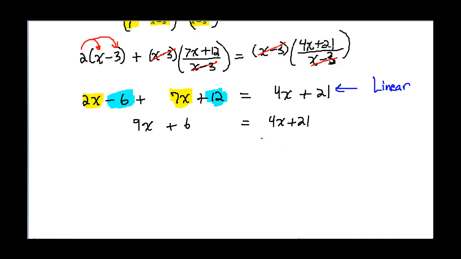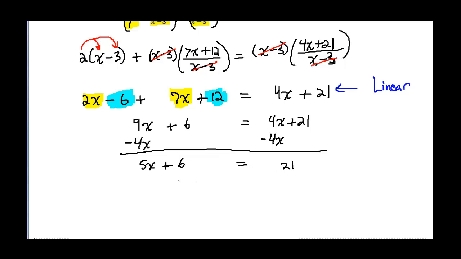I'm going to pick my left-hand side, so I'll subtract 4x from both sides. I get 5x plus 6 equals 21. I'll subtract 6 from both sides, so I have 5x equals 15. Then I can divide both sides by 5, and I have x equals 3.